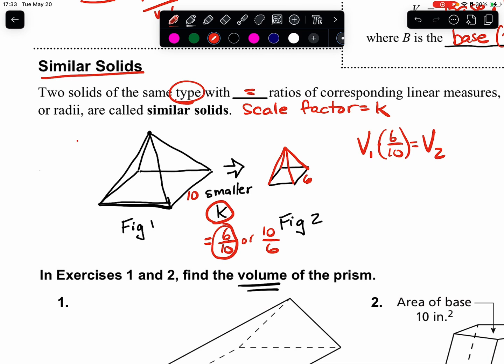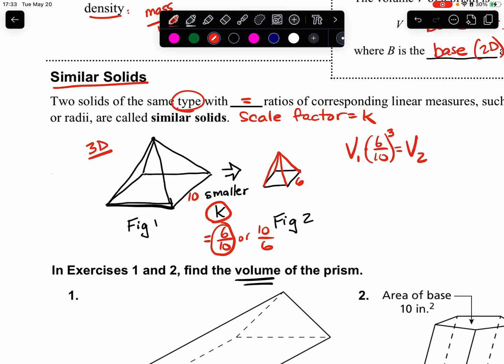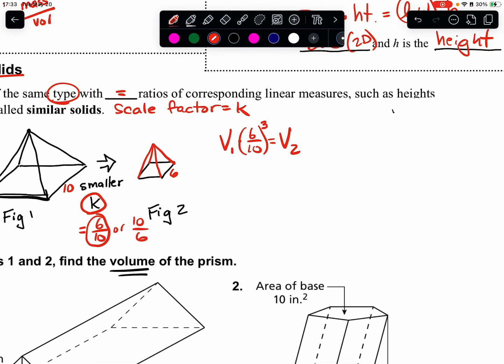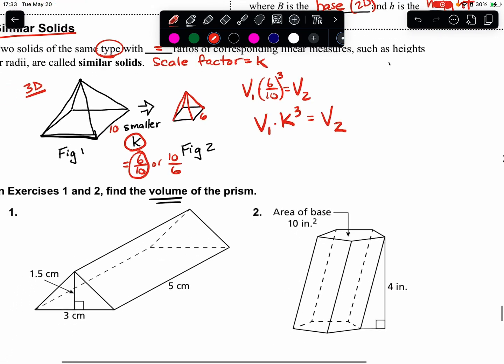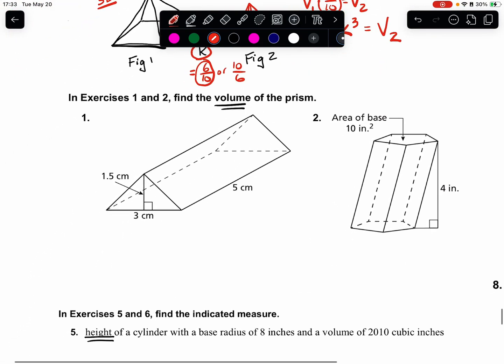And if this was a line, that'd be fine. But since we're dealing with a three-dimensional shape, we have changed each of these 3 dimensions. So that power becomes a 3. All right. So in general, if you want to multiply to get the new volume, you have to multiply by whatever the scale factor is to the 3rd power. So that's going to be a little bit tricky.